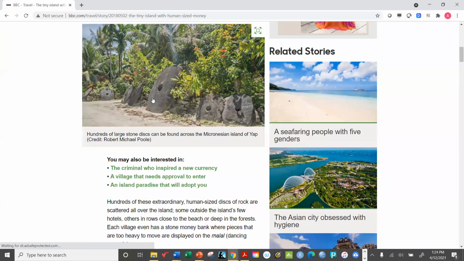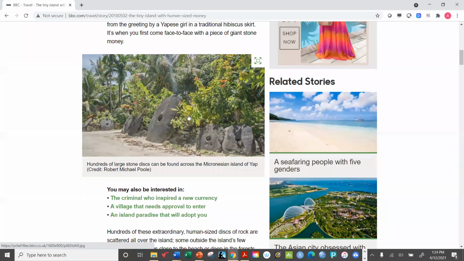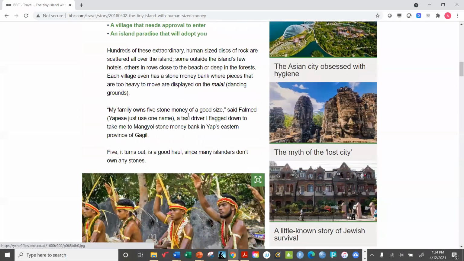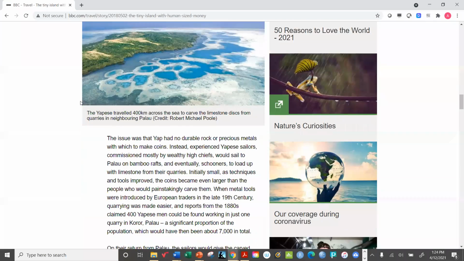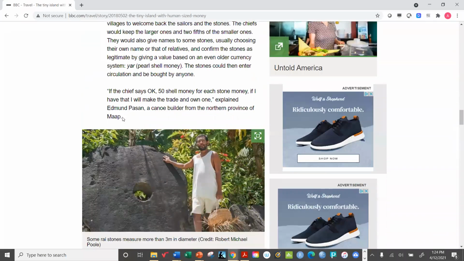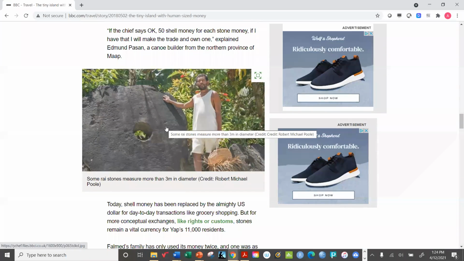See, they're just laying around. Nobody touches them. They're so heavy. And they're just left where they're standing. So how does this work? Well, it turns out they keep track of who owns each stone. There we go. How big is that thing?